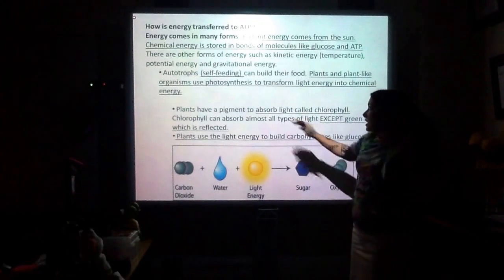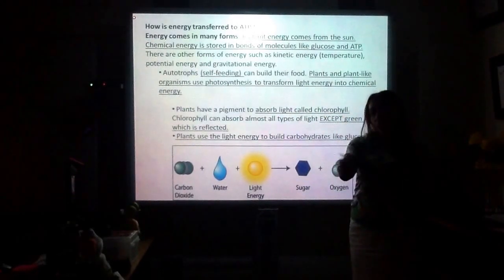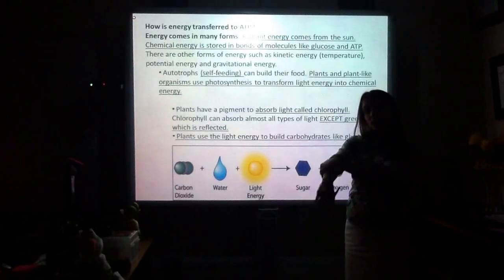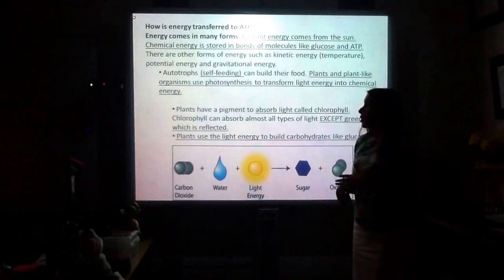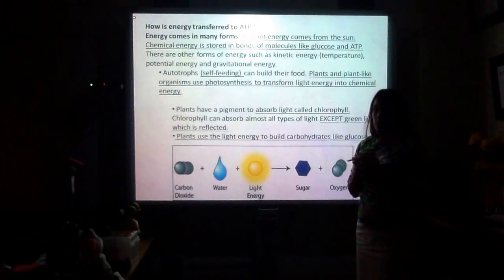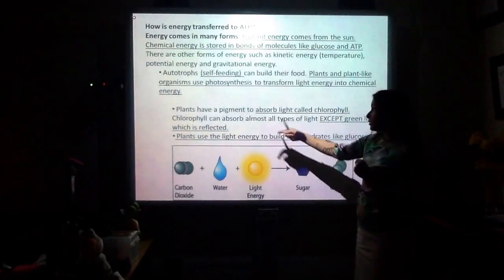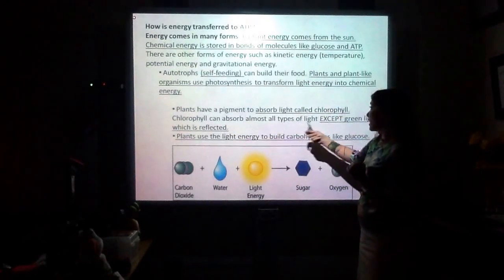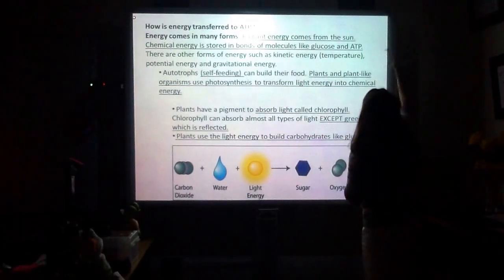Plants have a pigment to absorb light called chlorophyll. Now, animals have pigments. Your skin color, hair color, eye color, those are pigments. Your pigment reflects and absorbs light. Plants have a pigment called chlorophyll that can absorb almost all types of light except for green light, which is reflected.